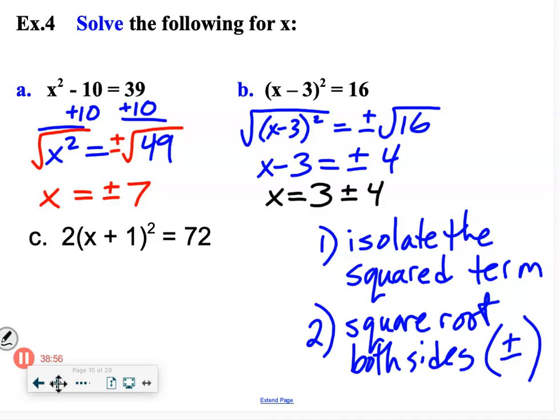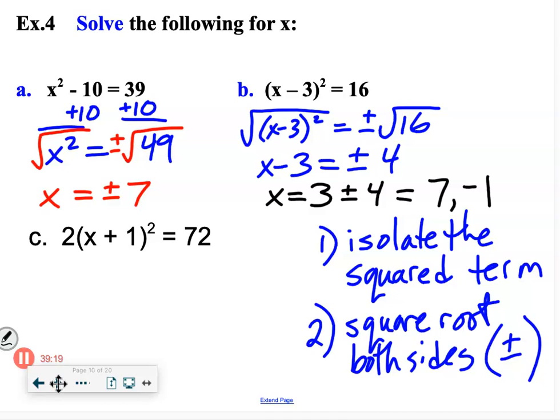Because we're not done. You can't leave an answer like this. You have to give me your 2 values of x, fully simplified. So x is either 3 plus 4, which is 7, or 3 minus 4, which is -1. And there's your 2 answers.